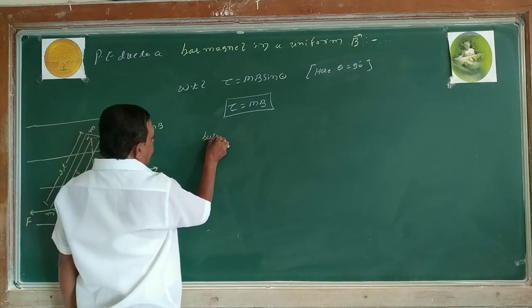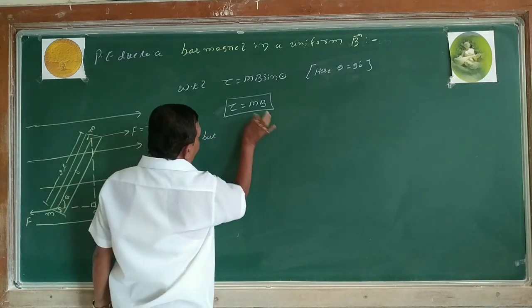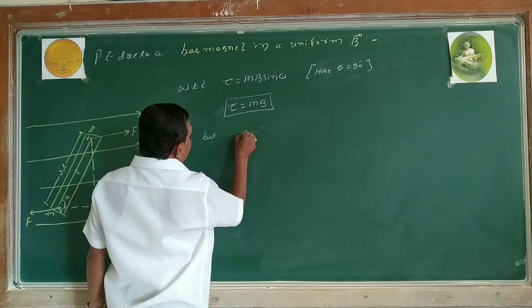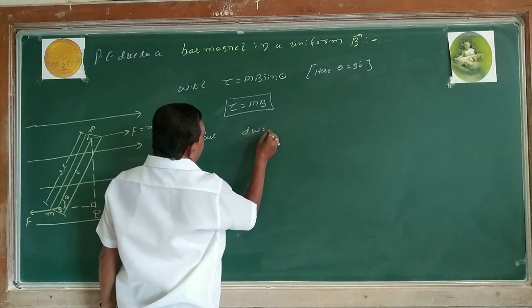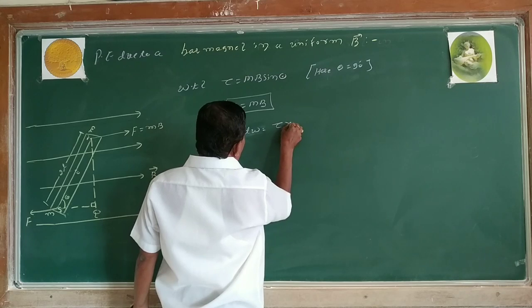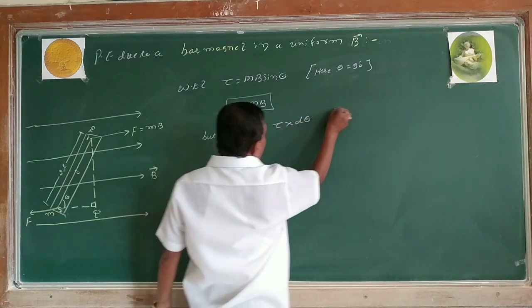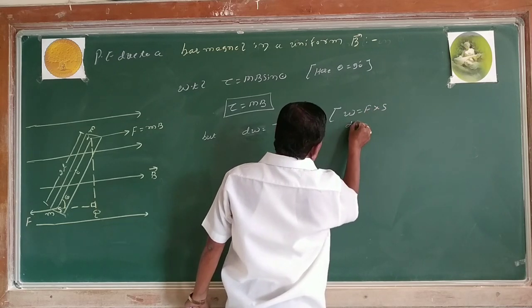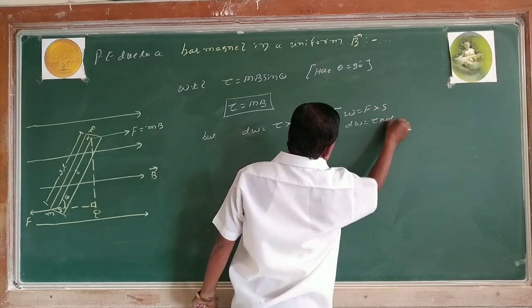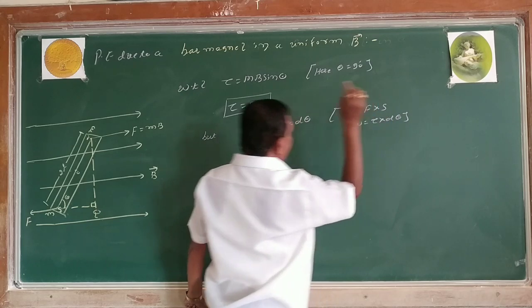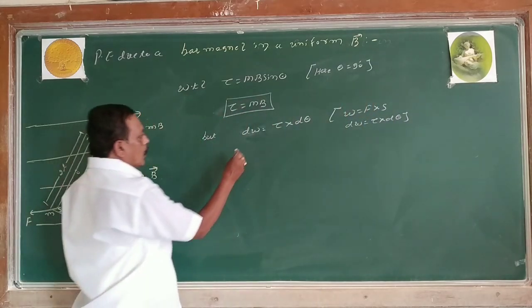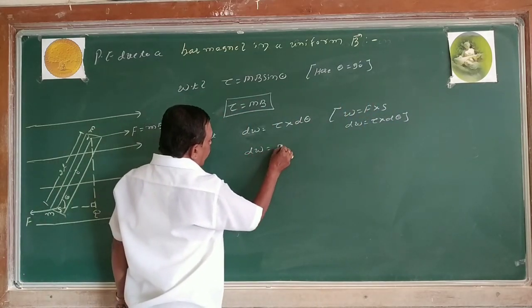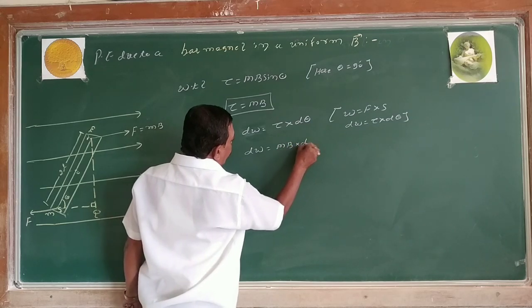But work equals force into displacement, so dW equals torque into d theta. This is the linear concept, and this is the angular concept. So dW equals mB into d theta.